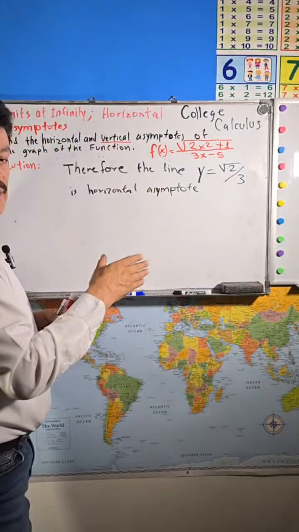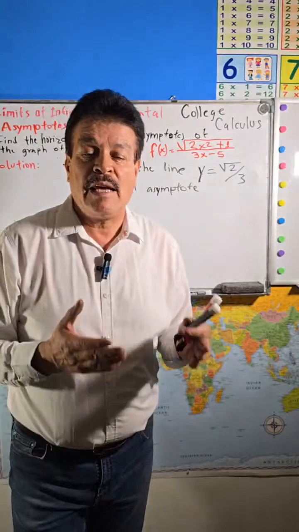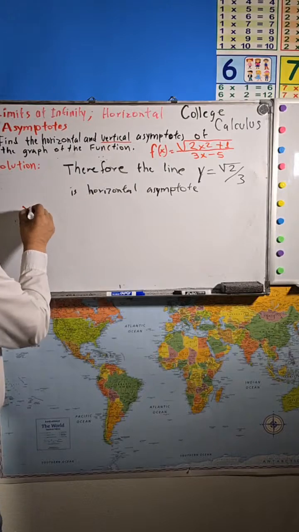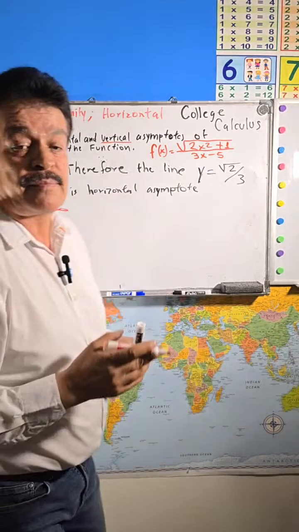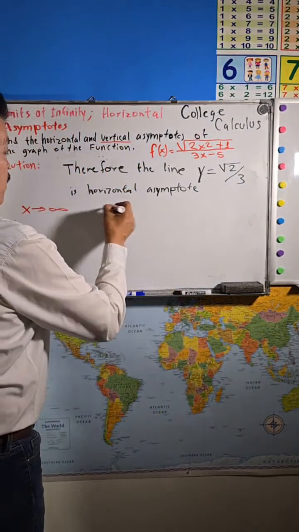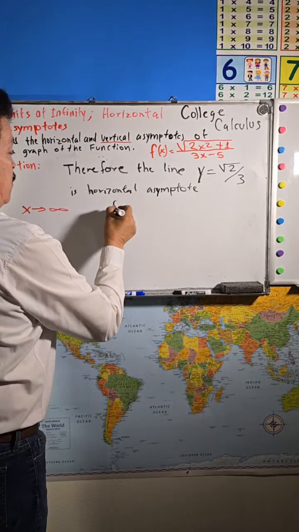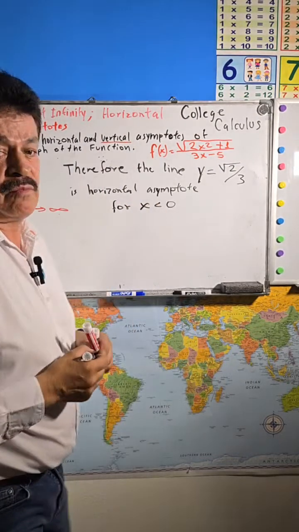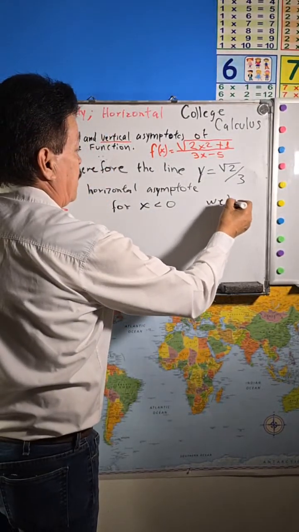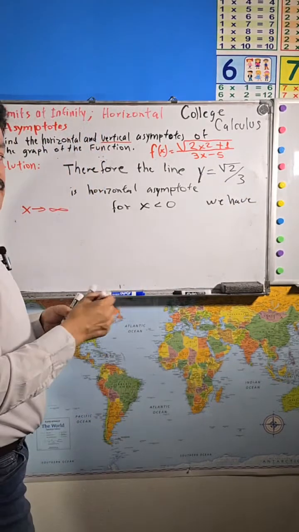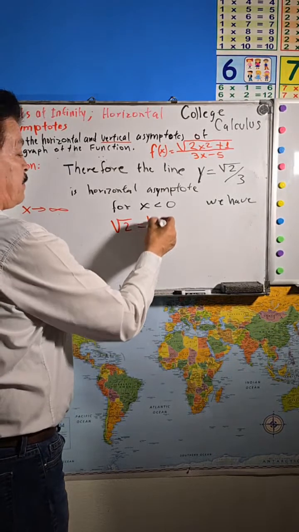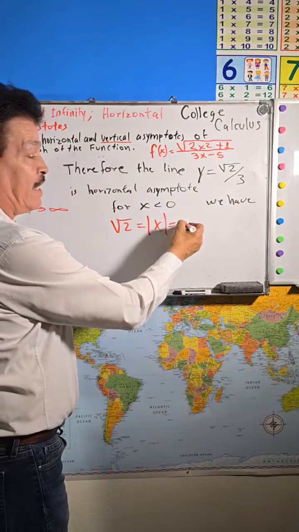This one was positive. In computing the limit as x approaches infinity, we must remember that for x less than 0, the square root of x squared equals negative x.